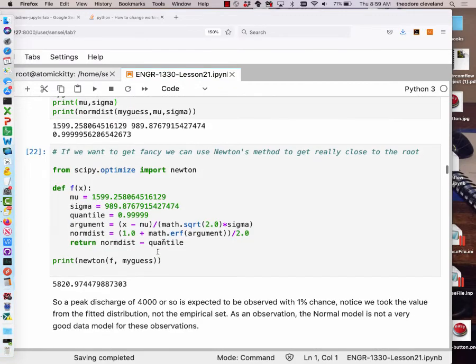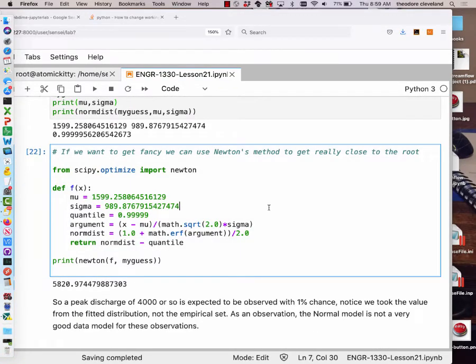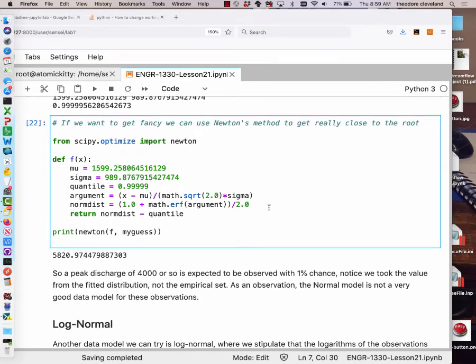And if we want to get fancy, we could use Newton's method, which not only makes a great cookie, fig-filled, it can systematize this part, because as of now, all we have for predictions is trial and error by using myGuess.